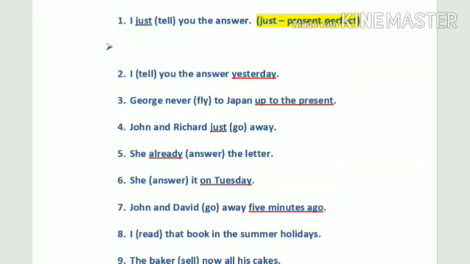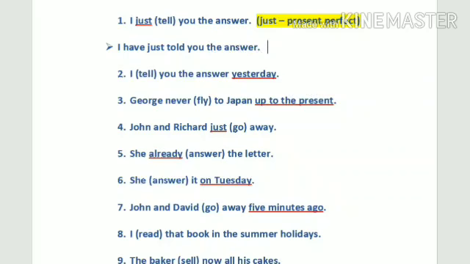We begin with the subject I and then helping verb have, and then the adverb comes in between helping verb and the past participle. So we will write here just, and then the past participle of the verb tell is told. So I have just told you the answer.